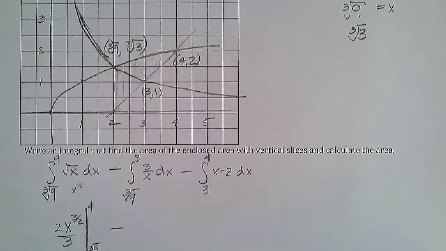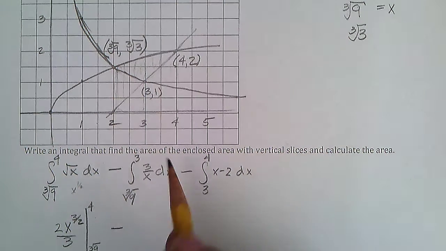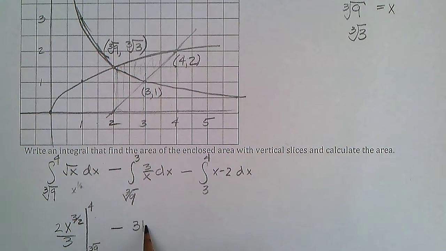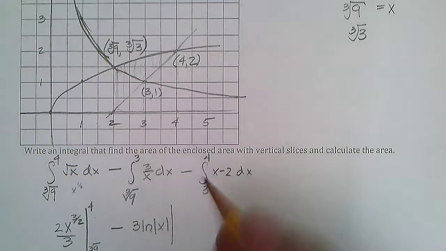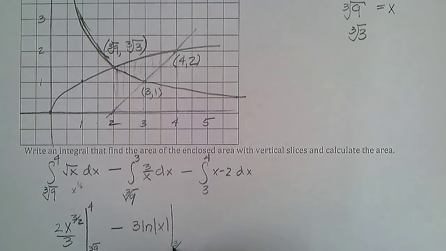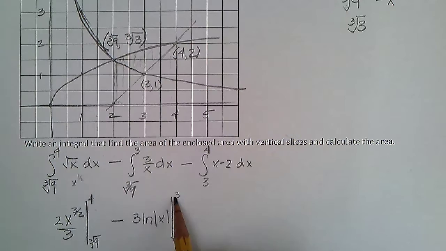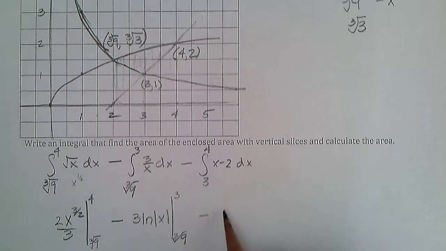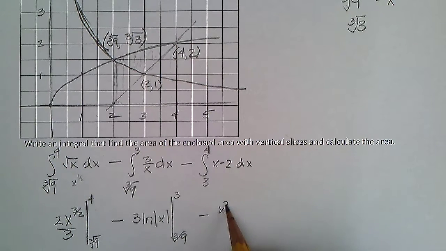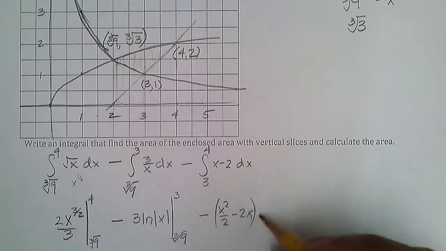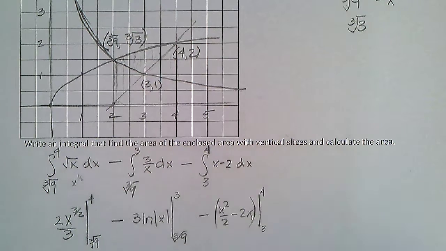minus, oh boy, excuse me, the integral of this is 3ln absolute value of x evaluated from cube root of 9 to 3 and also subtract, see, that'd be x squared over 2 minus 2x evaluated from 3 to 4.